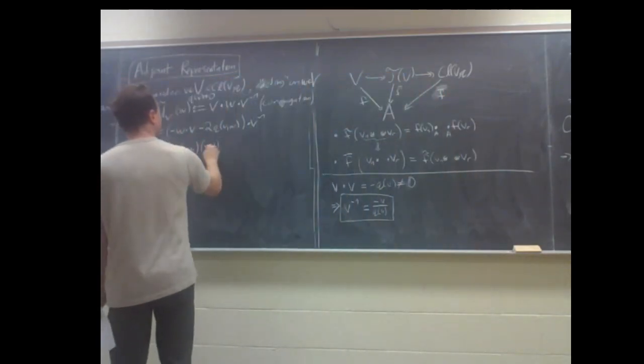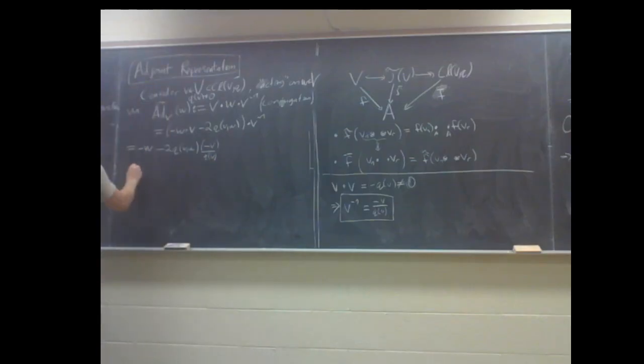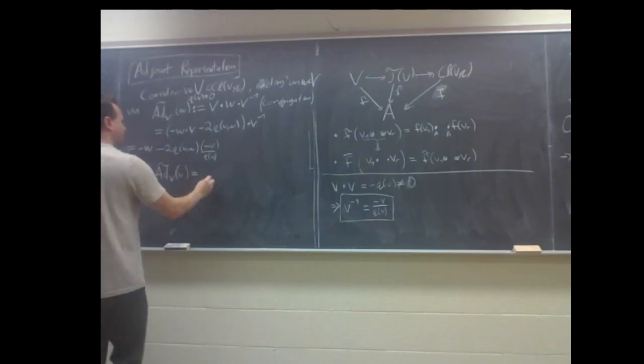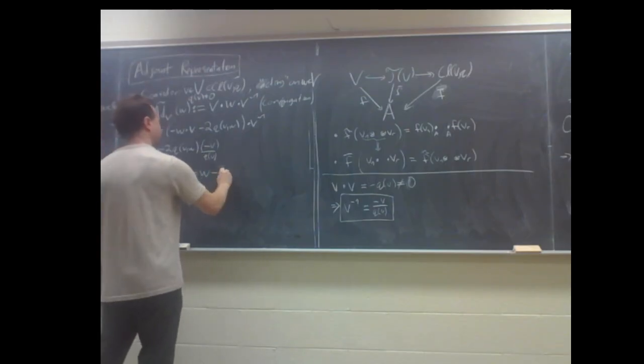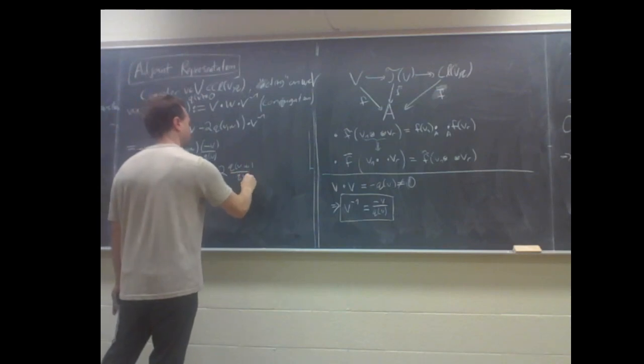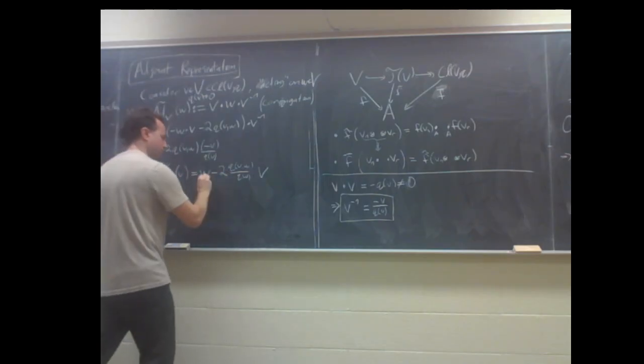So we get minus V over QV, right? And so we can write this out. Well, I'll write it like this. So in fact, if we take minus of the adjoint action of V on W, then what we get is W minus 2 QVW over QV times V. So if we were talking about the usual inner product on Rn, this would be the norm squared.